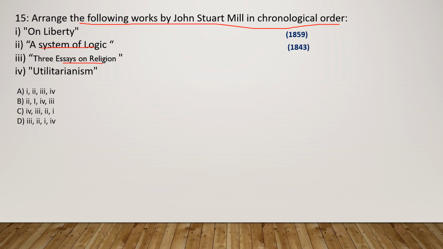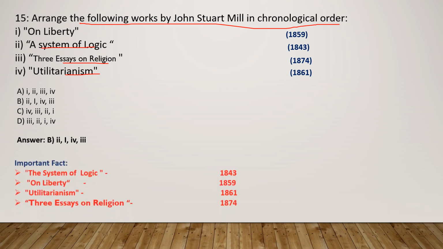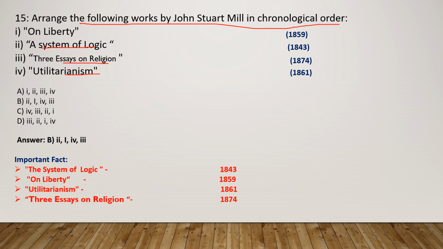Three Essays on Religion was published in 1874. Utilitarianism was published in 1861. So, what is the correct sequence of these books? The correct sequence is first A System of Logic, then On Liberty, then Utilitarianism, then Three Essays on Religion.